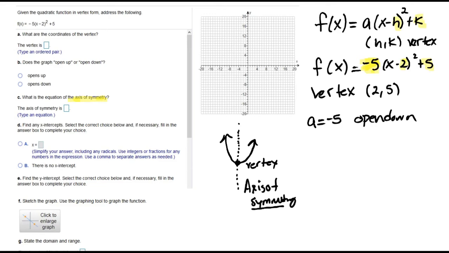It's called the axis of symmetry because if we were to fold the graph along that line, we're going to get a mirror image on both sides. You notice that the axis of symmetry passes through the vertex. So we're going to use the x value of the vertex to write the axis of symmetry. For this example, the axis of symmetry is the line x equals 2 because this function has a vertex at 2.